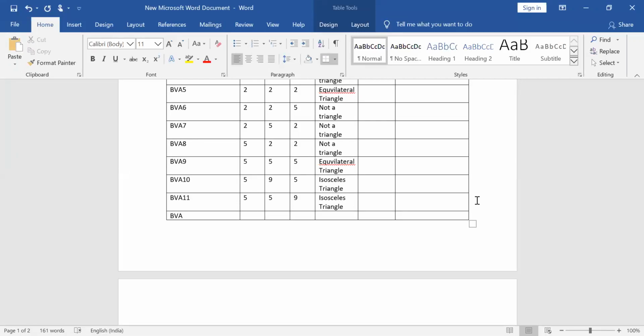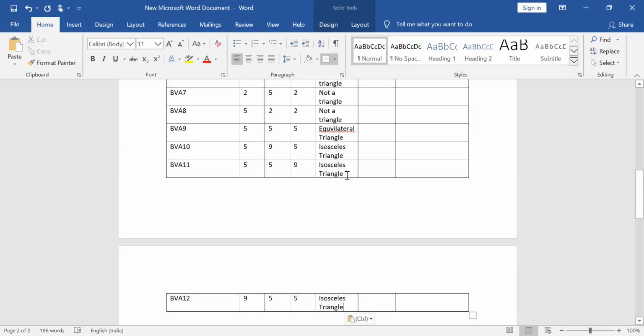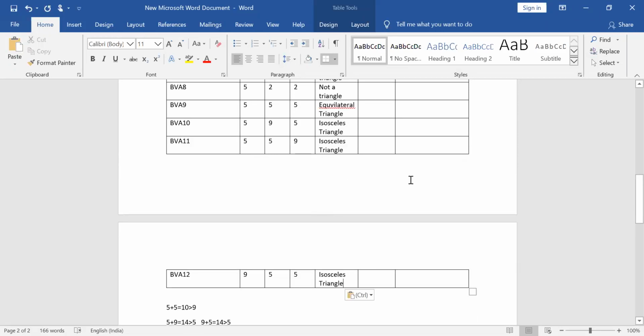BVA 12. 9, 5, 5. Same thing. So finish. Next one. BVA 13.